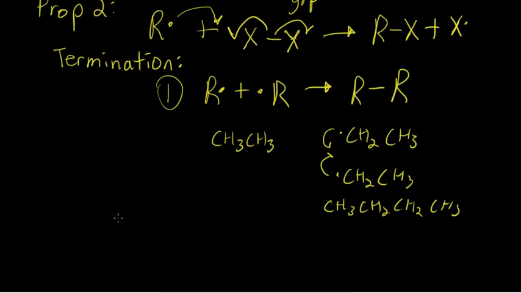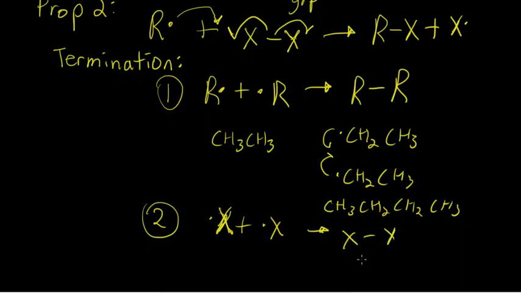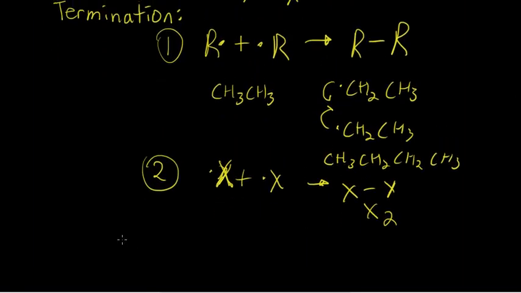So that's one possibility. Another possibility is you have a halogen radical combining with another halogen radical. So you'll get that, and this is equivalent to X2. It's just another way of writing it, showing the sigma bond between the halogens.